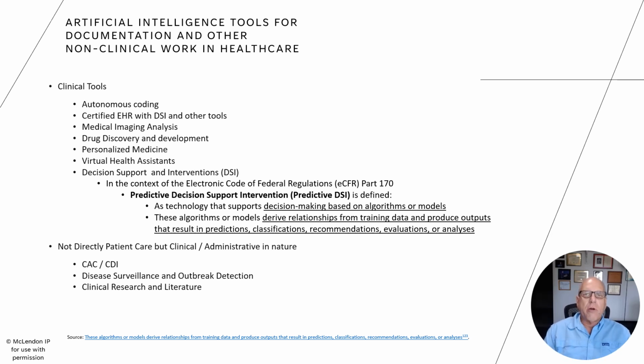That's going to be very important if you're doing governance, to understand that some AI is going to be predictive DSI, some AI that you use is not. It's going to be operational, administrative, other clinical, non-clinical, lots of different things it could be.